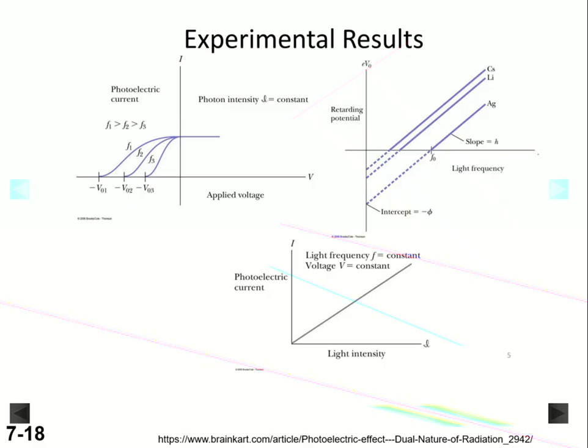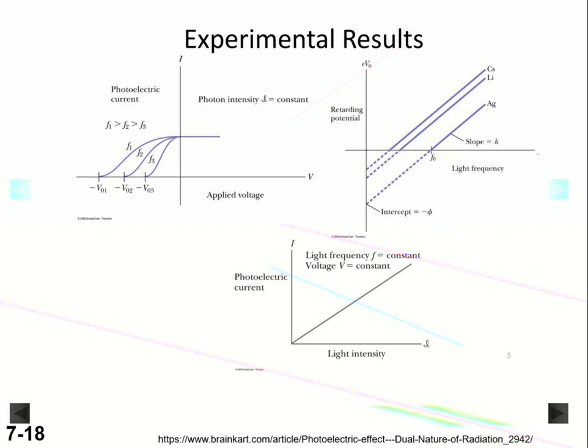Here's a further discussion of experimental results. You can see on the bottom, this shows the amount of current as a function of light intensity, and this is for a wavelength that ejects electrons. So the more light you have, the more current you get. If you go down to the figure on the right-hand side, you see the repeat of what we just saw on the last slide.